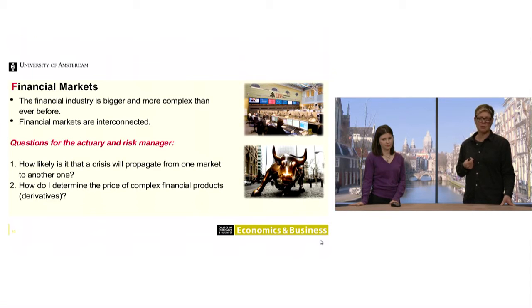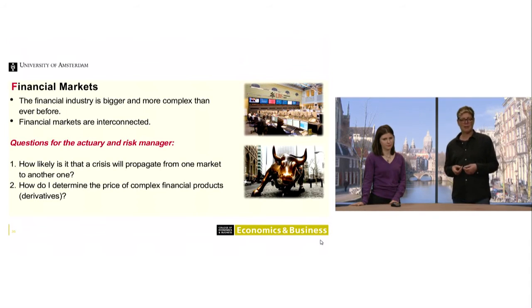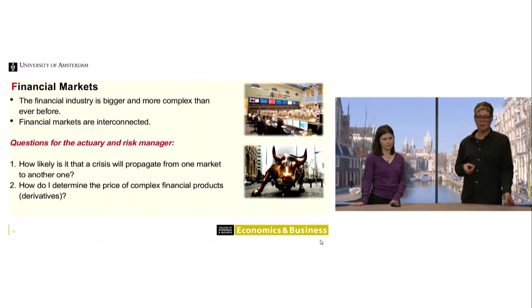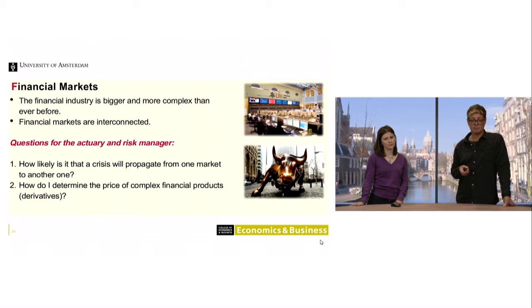So a question for the actuary is: what are the effects of a sharp decrease in the stock market, or what kind of effects can we expect in the other parts of a financial market? How likely is it, for instance, that a crisis will propagate from one market to another? This is really interesting, so you will find our people also in financial markets.